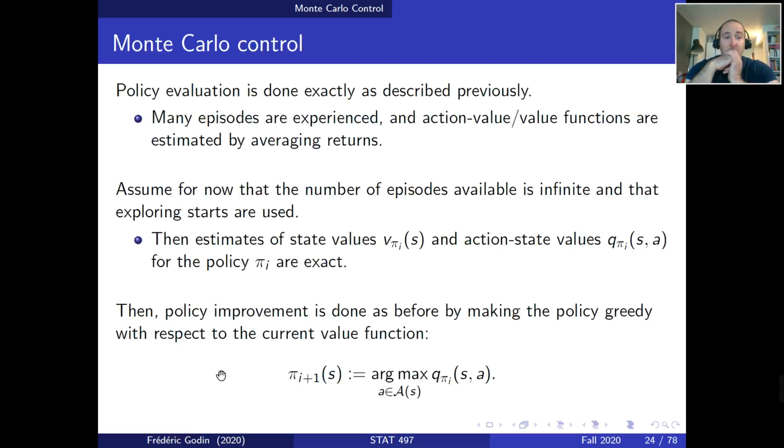For the purpose of policy evaluation within this GPI, we're going to use the same idea we had earlier.